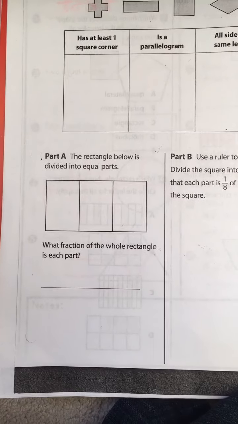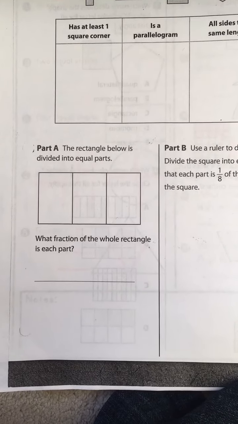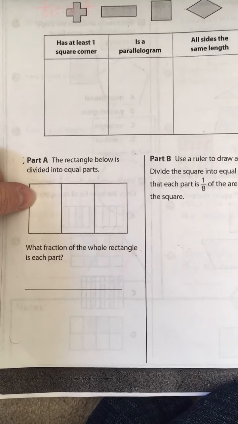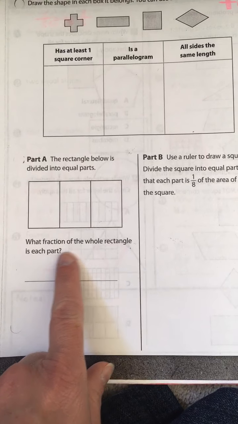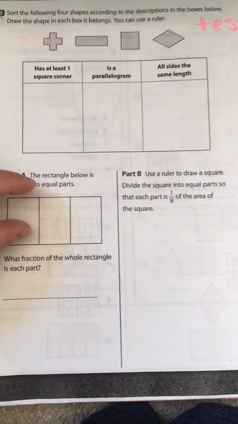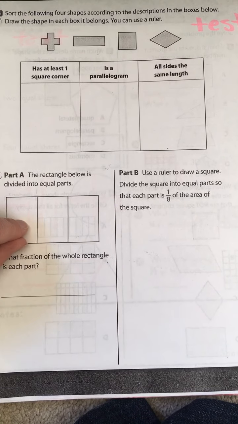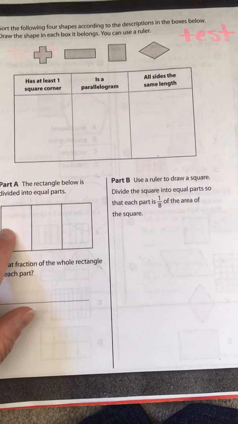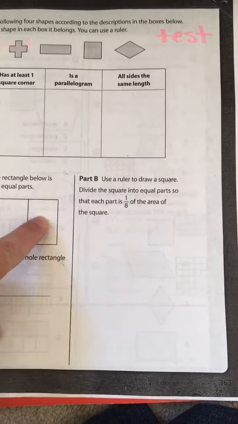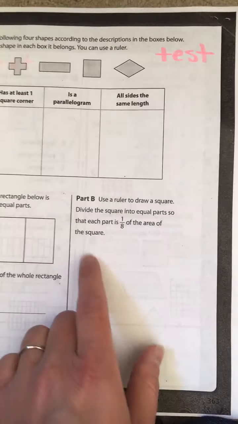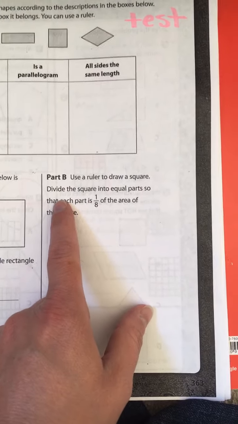All right, and last but not least, the rectangle below is divided into equal parts. I see 3 parts. What fraction of the whole rectangle is each part? That's saying if I took one of these out of all 3 of them, right? What's my fraction? And use a ruler to draw a square.